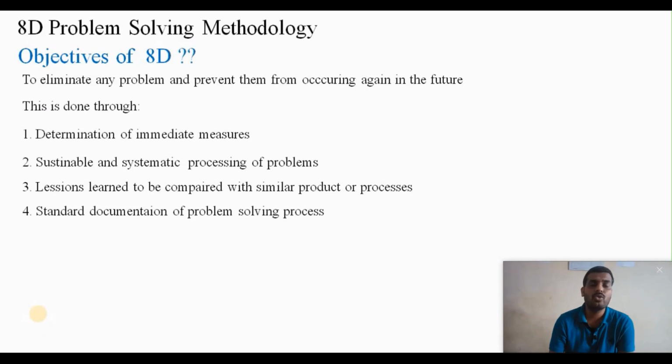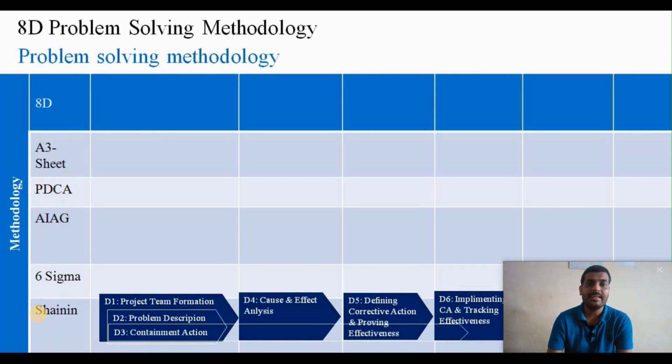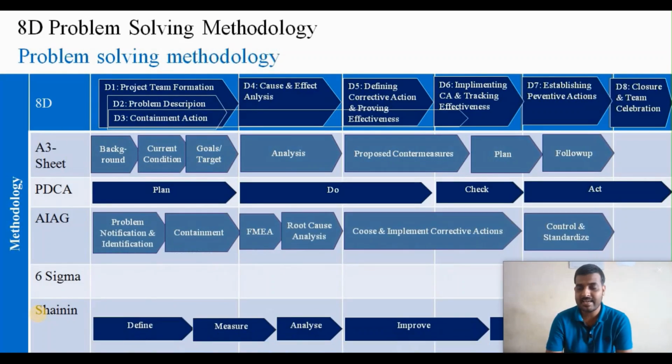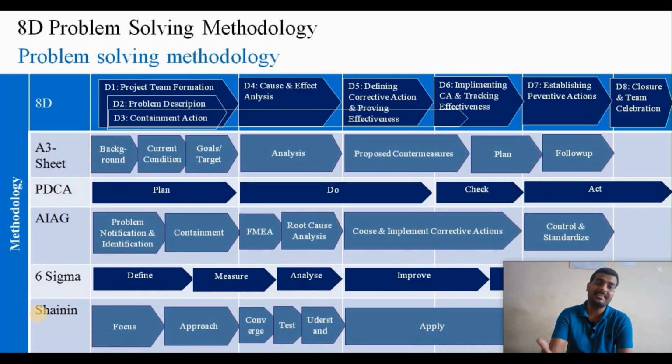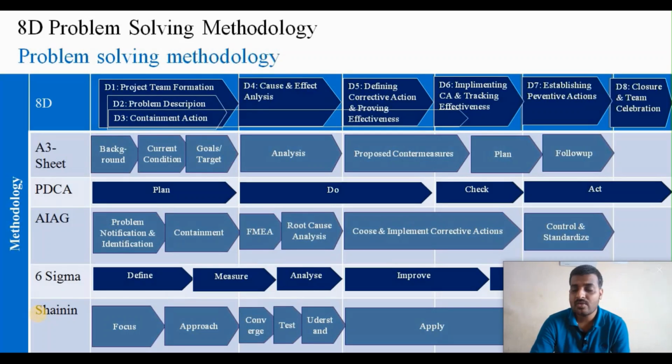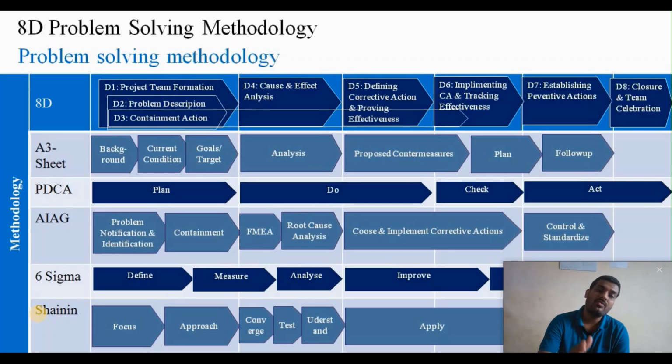Then we moved to the various problem solving methodologies like 8D, A3 sheet, PDCA, AIAG, Six Sigma, and Shainin. From 8D to Six Sigma, these are all traditional problem solving methods which use the thinking from X to Y, that is from potential causes to the output.